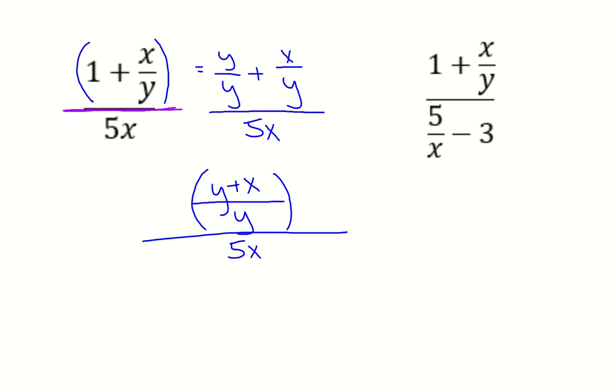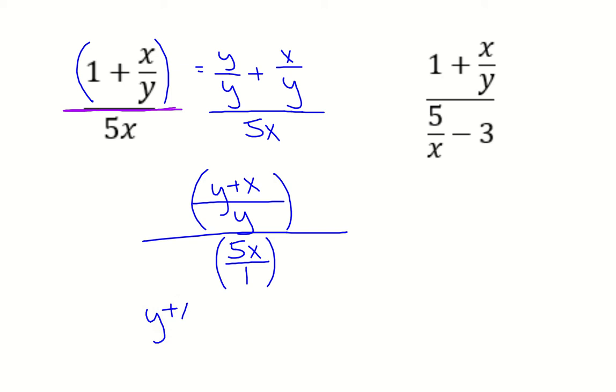Then we can either turn that into a horizontal division symbol and think about multiplying by the reciprocal of the second fraction, or we can think about, if we're dividing by something and then dividing by something else, that would be equivalent to dividing by both of those expressions. So both the y and the 5x are going to end up on the bottom. It's up to you. I'm going to go ahead and just change this to a horizontal division problem.